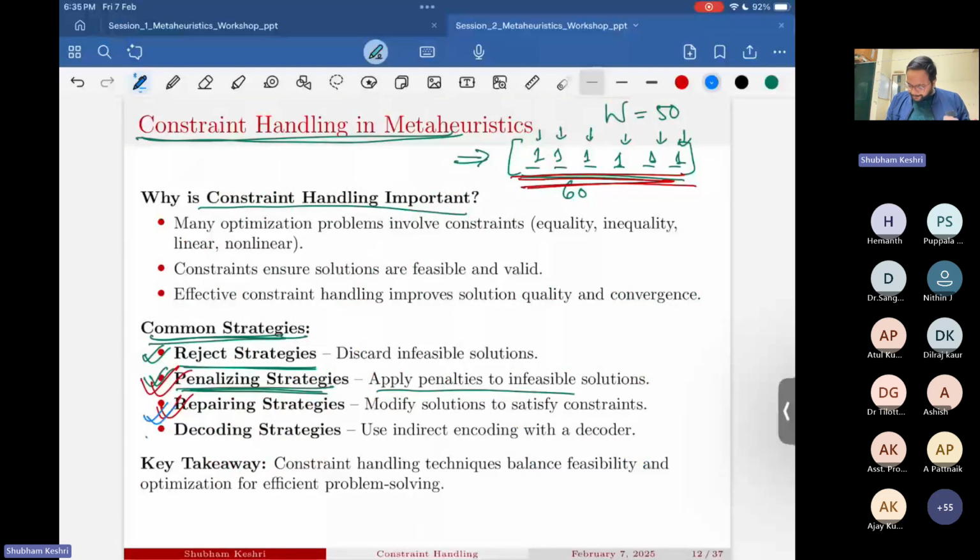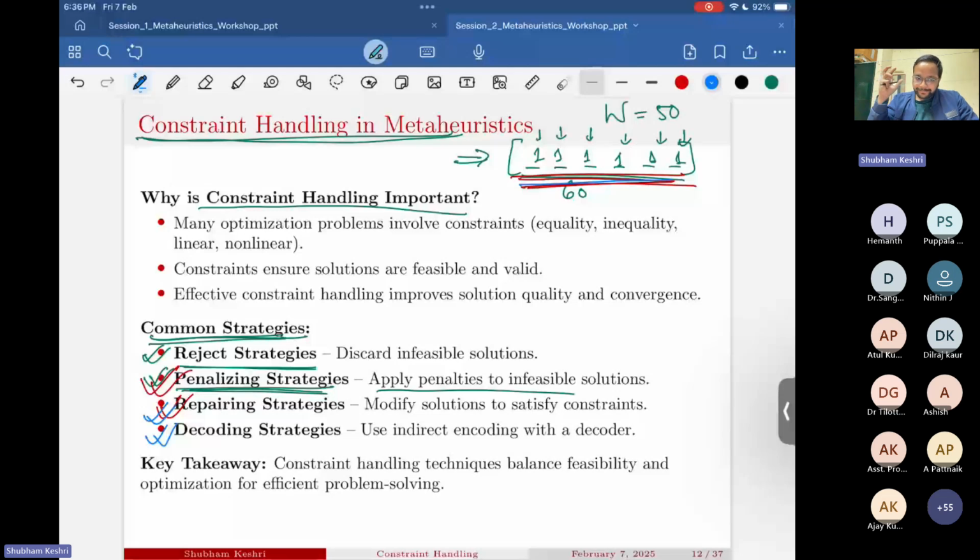Decoding strategy. So what does it mean? You are using a representation which doesn't allow a violation of constraints, and then you use a decoder to decode the solution. That is what is meant by decoding strategy.